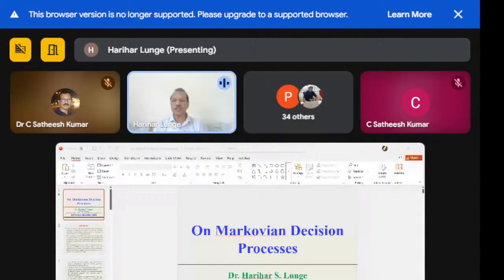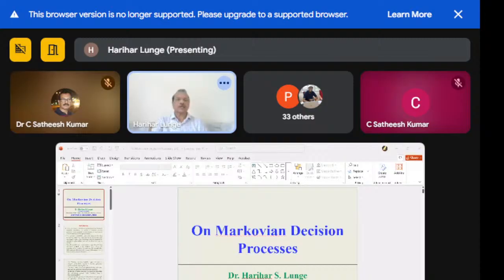The functional equation is obtained from the principle of optimality, stating that it has a property that whatever the initial state and the initial decision, the remaining decisions must constitute the optimal policy with regard to the state resulting from the first transition.